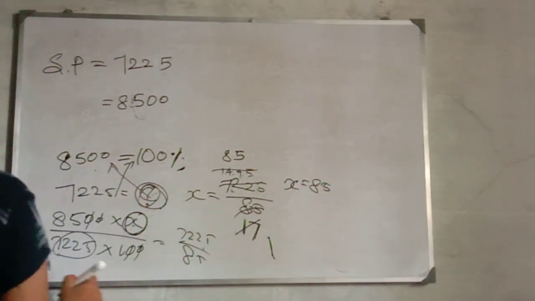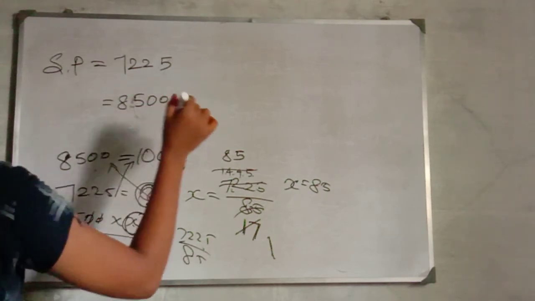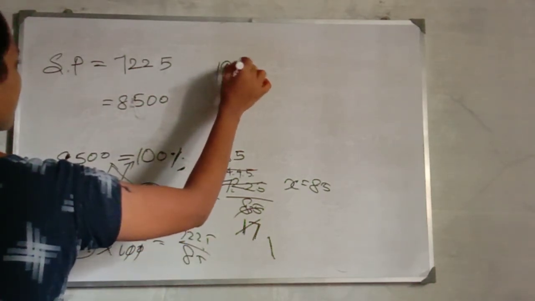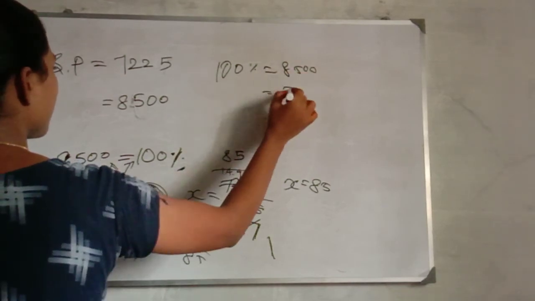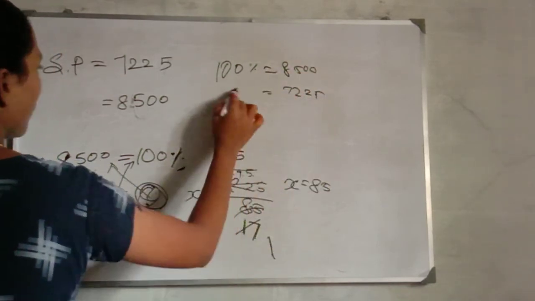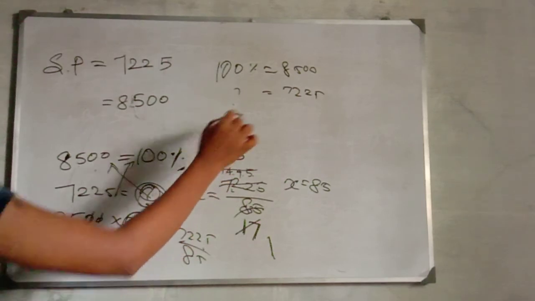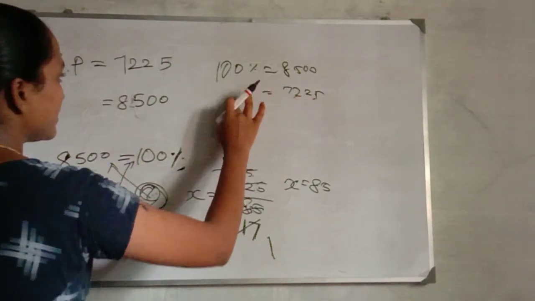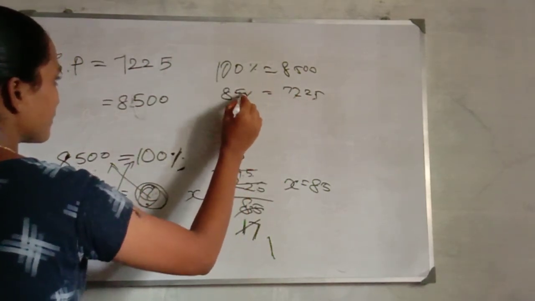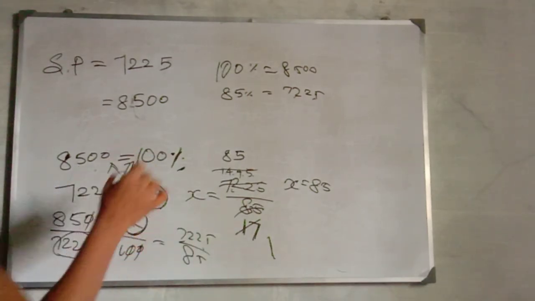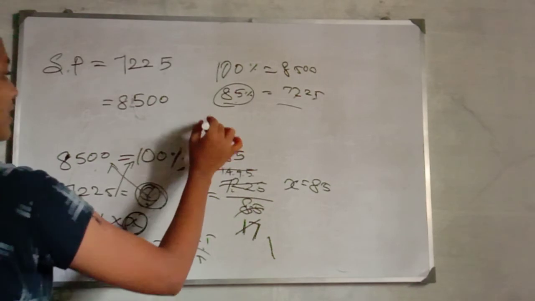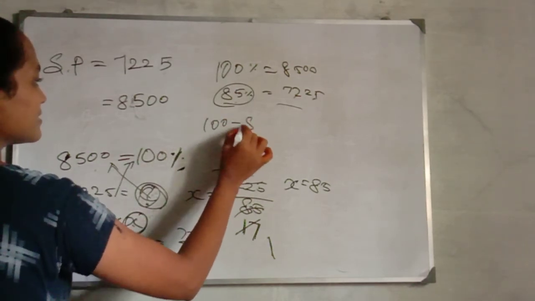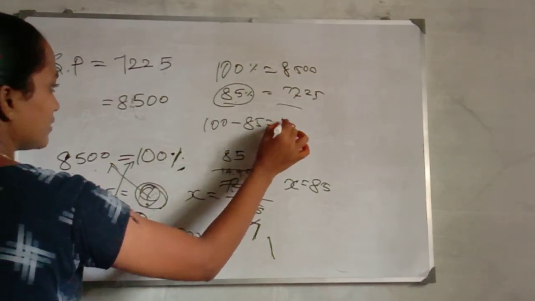Here the marked price 100% is 8500, which means 7225 is discounted. So 7225 is 85% of the marked price. So the discount is 100 minus 85, which is 15.